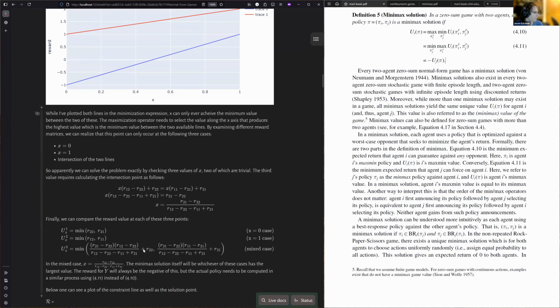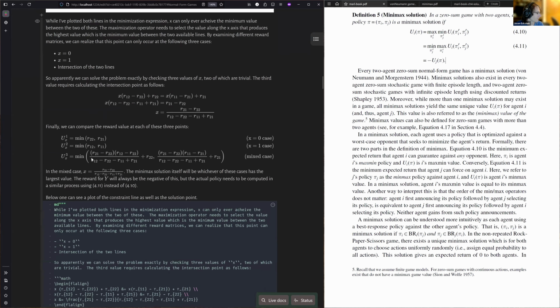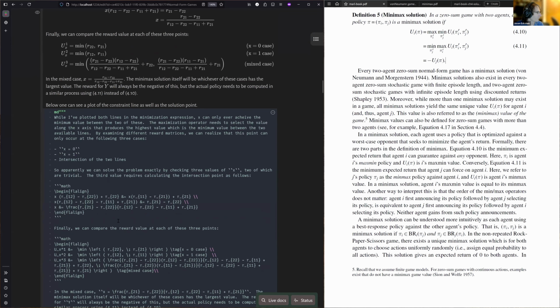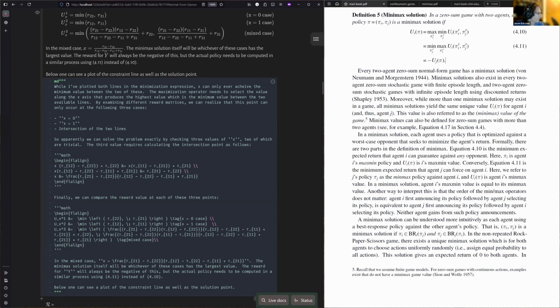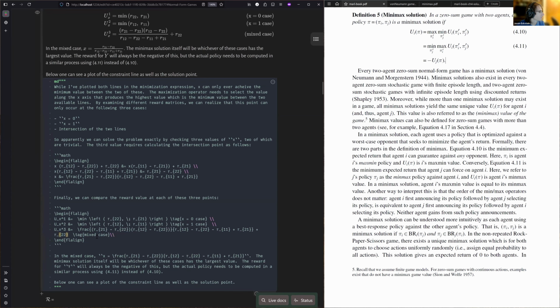And actually, sorry, I need to rewrite this. You don't actually have to take the minimum here because these values will be equal, right? These are the same value by the fact that it is the intersection point. Let's see. Okay.